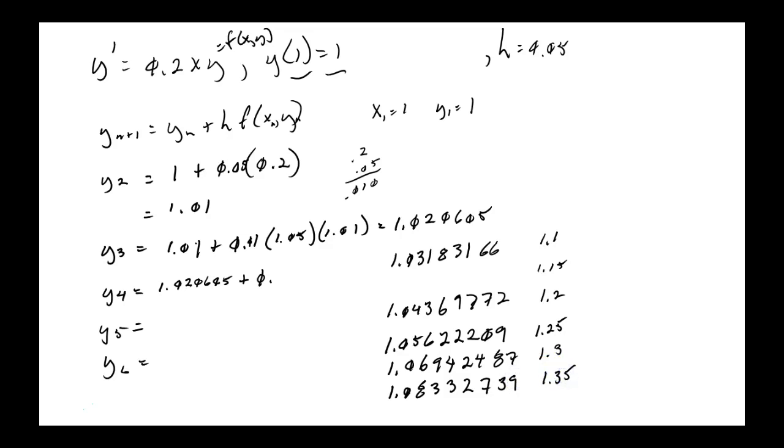Okay, so we'll take that number and add to that 0.01 times 1.35 times 1.08332739, equal 1.0980.